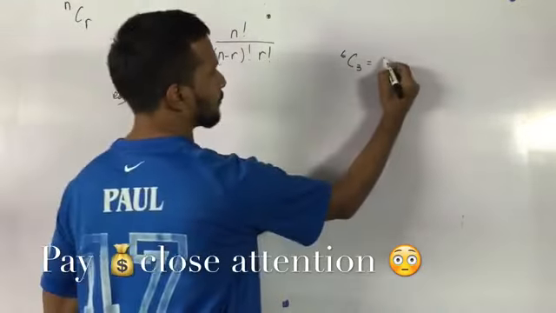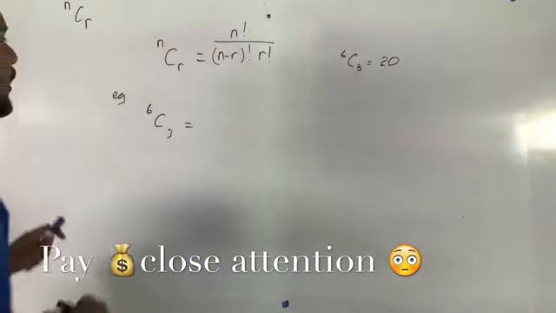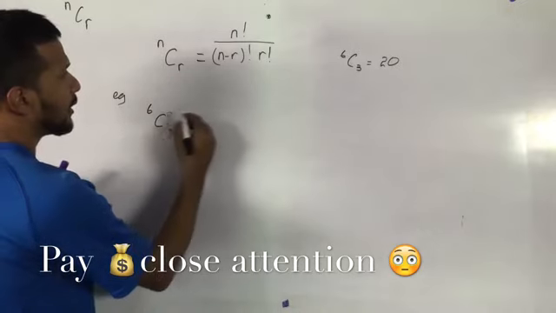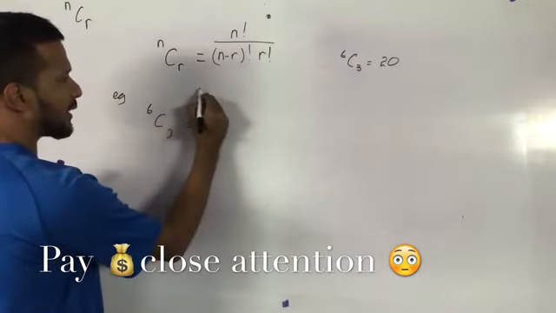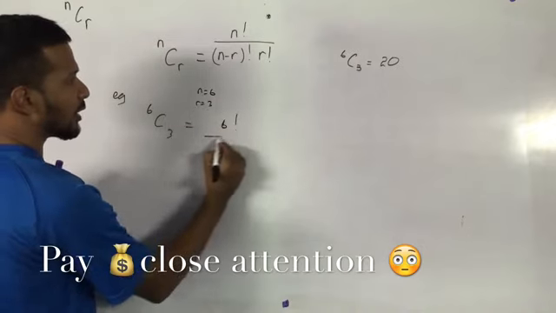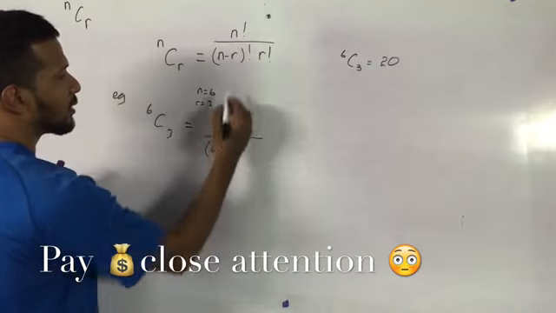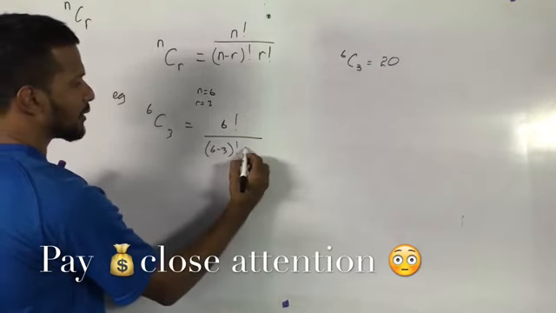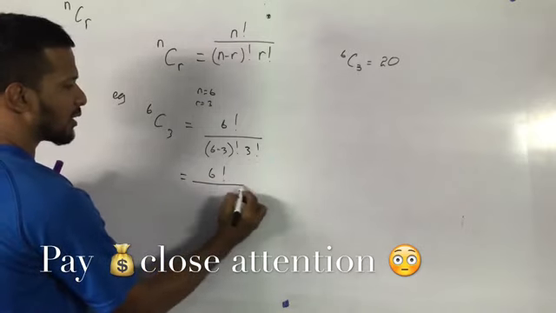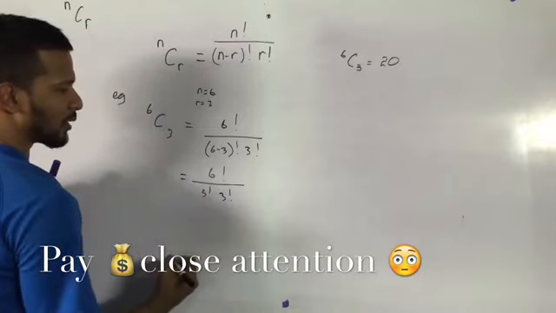So for 6C3, n is 6 and r is 3. So 6 factorial over 6 minus 3 factorial, times r factorial, which is simply 3 factorial.